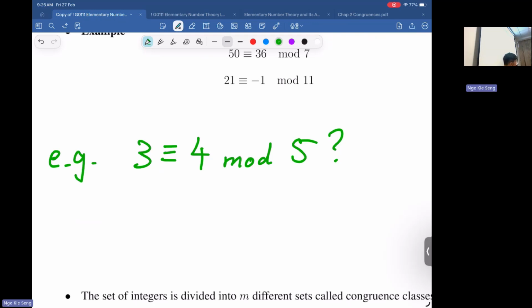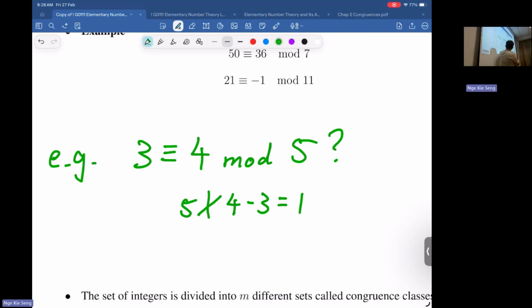What do you mean? 3 mod 5 is... Your reason should be about divisibility, right? So what do you need to check? 5 doesn't divide 4 minus 3, which is 1.